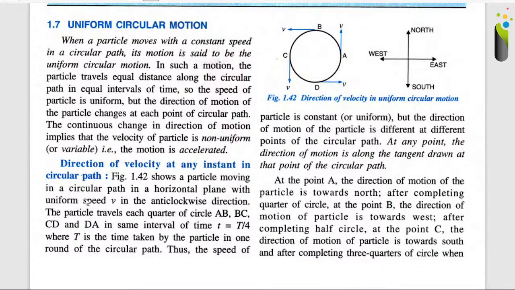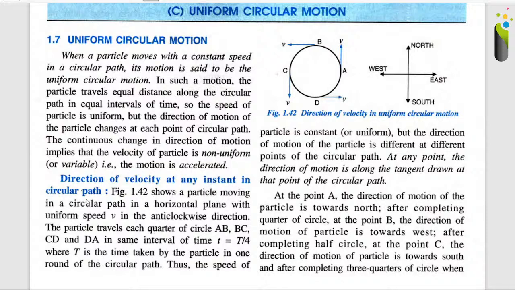That is, small t is equal to capital T by 4, where capital T is the time taken by the particle in one round of the circular path. Thus, the speed of particle is constant or uniform, but the direction of motion of the particle is different at different points of the circular path.